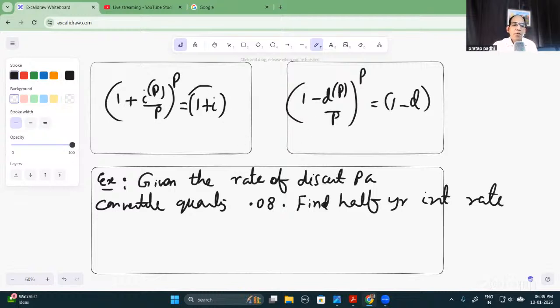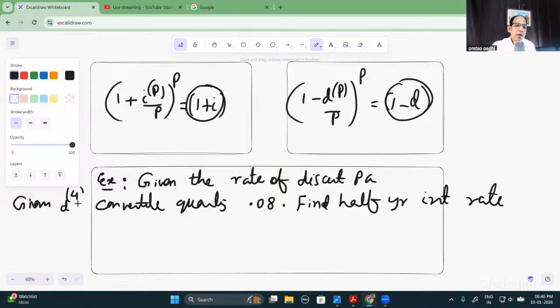Remember there is a connection between this and this also, because v is 1 minus d. Or directly you can write 1 plus i inverse is 1 minus d. In one line you have to do it, no more calculations. So here in this question you write what is given: the rate of discount per annum convertible quarterly, given d4.